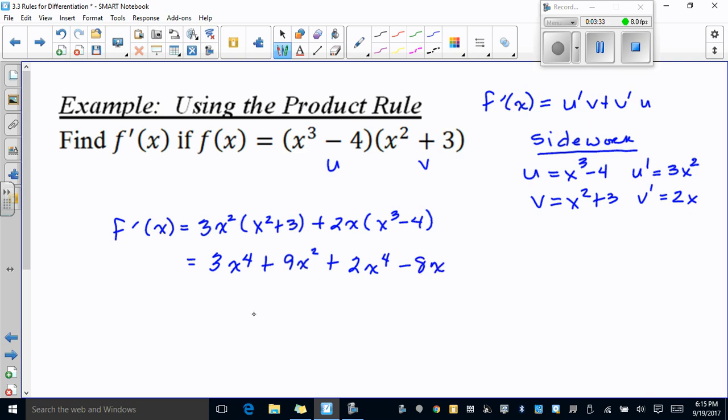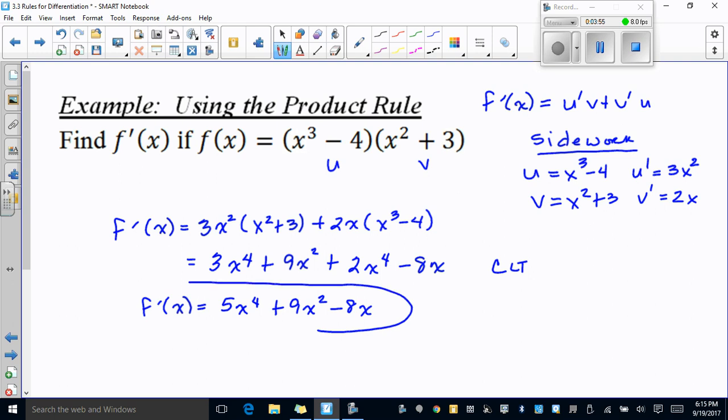Combine like terms, and we get f prime of x is equal to 3 plus 2 is 5x to the 4th, plus 9x squared, minus 8x. And there's your derivative for this one. Now, if you wanted to double check it, you can multiply this out and then just do the power rule all the way through.